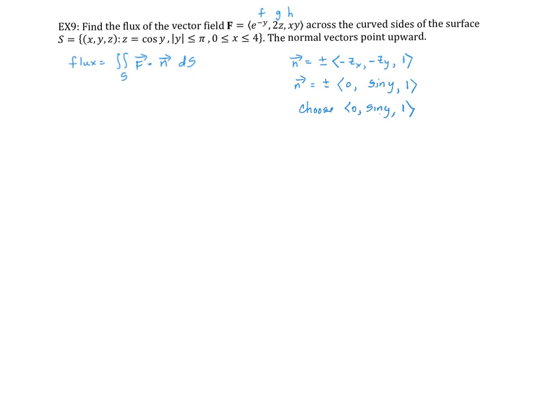And I have my vector field. Well, let's try to use this formula. I'm not going to figure out limits of integration just yet. I'm going to see what I get when I take the dot of e to the negative y, 2z, xy, and dot it with 0, sine of y, 1 dS.